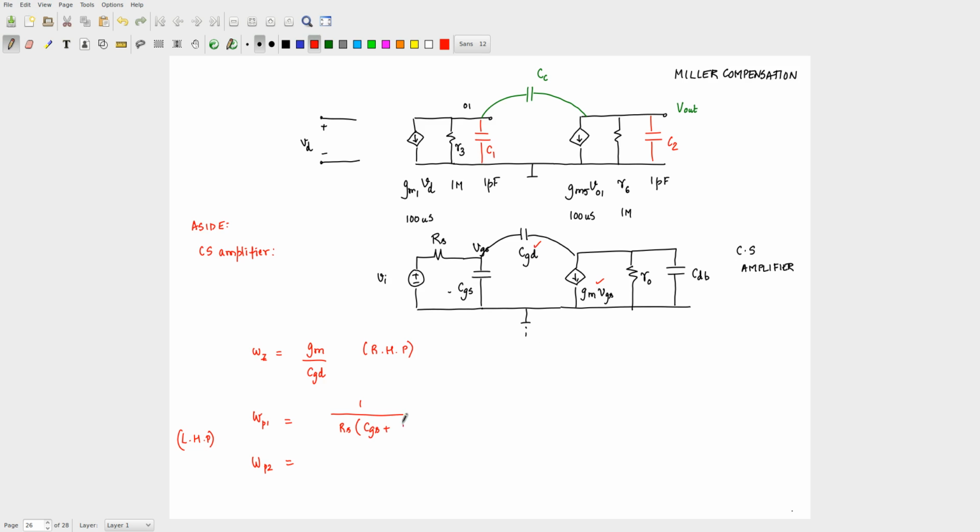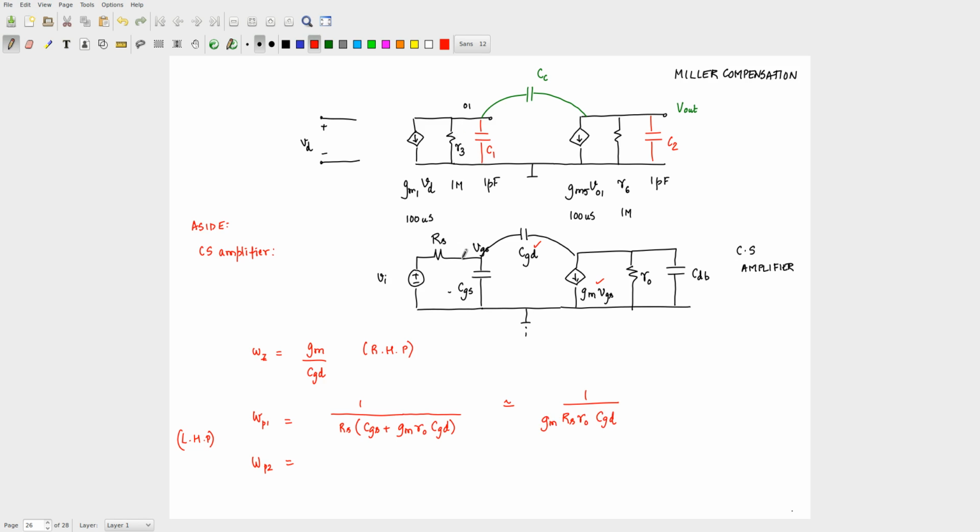What was the gain? Gain was gm times r naught times Cgd, correct? And this we can approximate as 1 by Rs into whichever of these things is the largest value. This one. So I can write this as r naught gm Cgd.